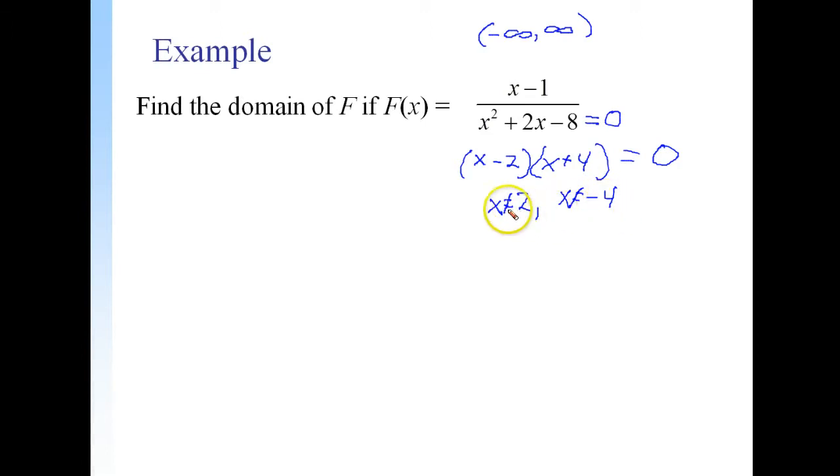So these are values that are excluded from the domain of x. That you would write this in set builder notation.